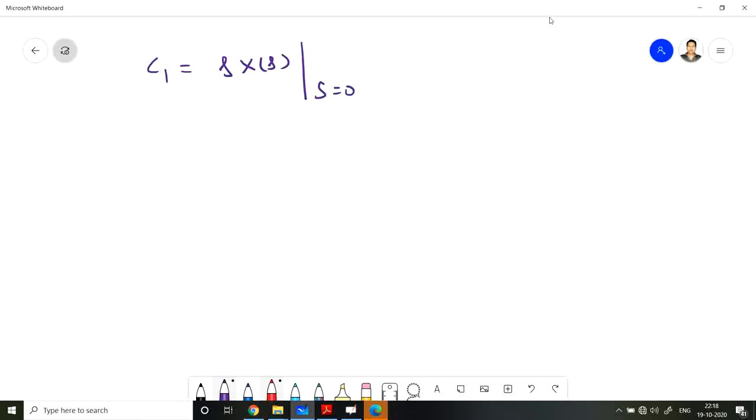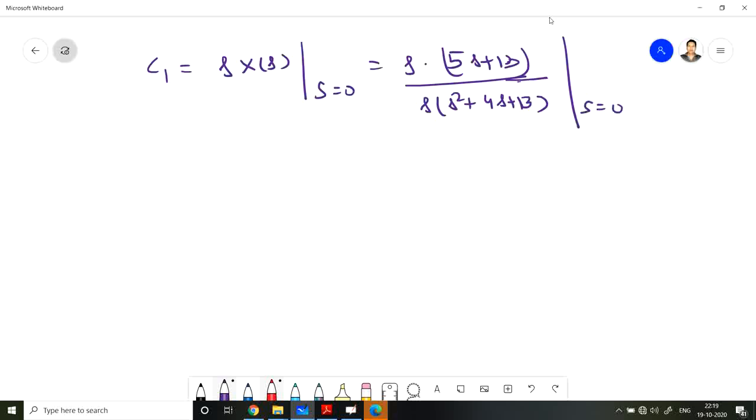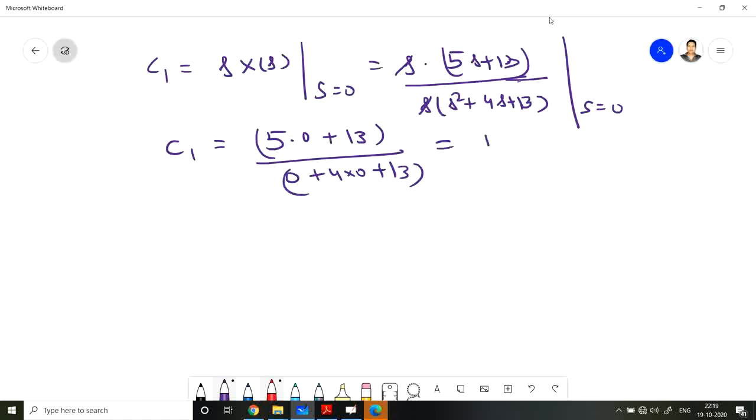The value is s multiplied by (5s + 13) divided by (s² + 4s + 13) at s = 0. The s will cancel out, so it is equal to (5 times 0 + 13) divided by (0 + 4 times 0 + 13), which is 13 divided by 13, that is 1. So c1 is equal to 1.